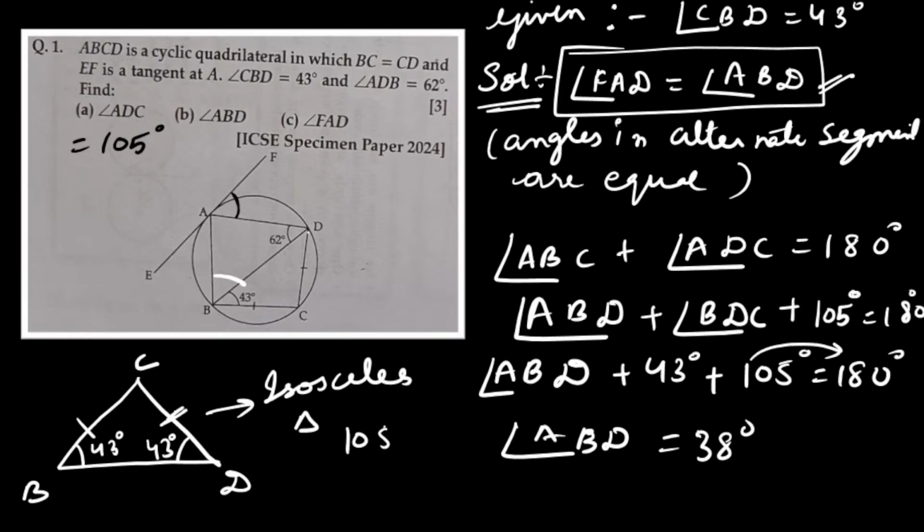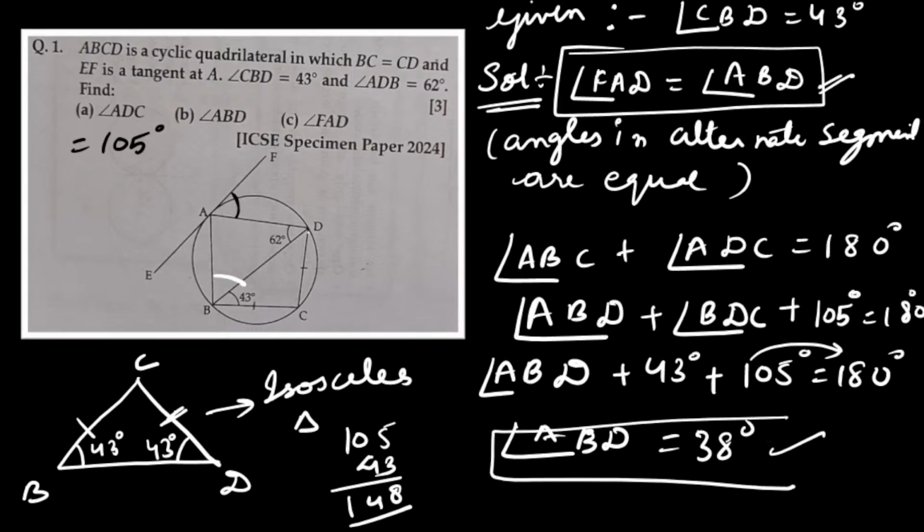So 105 plus 43 is equals to 148. So 180 minus 148 you can do. So ABD is equals to 38 degree you will get. And ABD I have told you at the starting itself, it is equals to FAD as well, because angles in the alternate segment are equal. So ABD is also 38 degree and FAD is also equals to 38 degree. So here we have completed this question.